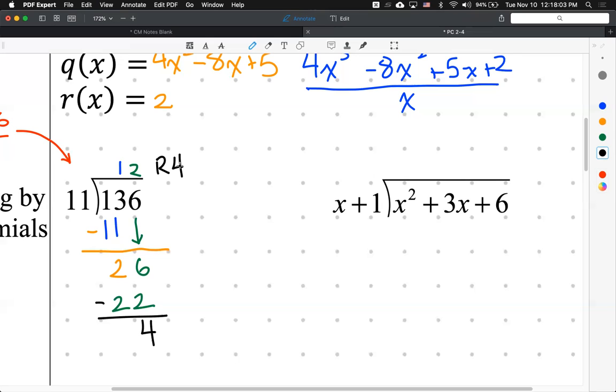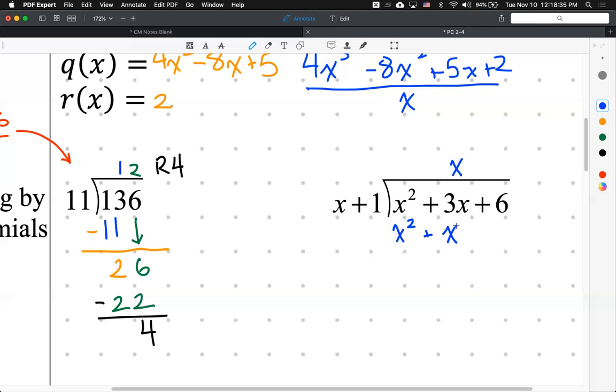So I'm going to write an x up here. And then I actually do the multiplication. How close did I get? I'm going to do x times x plus 1 and write that under here. Who can do that for me? Beverly? Plus x. There it is. Okay.